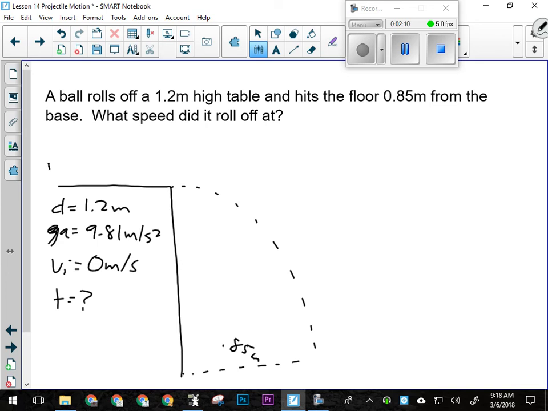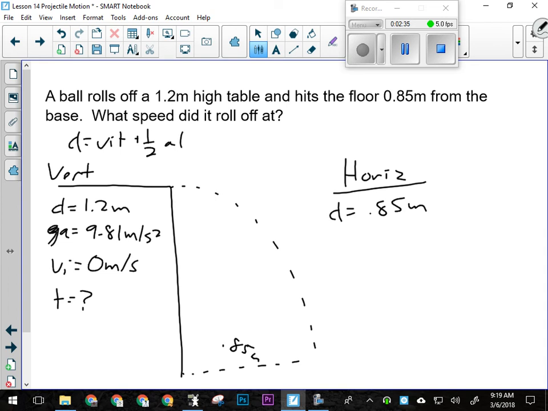Yes, I can. So this is going to be our vertical information, and over here will be our horizontal. Remember, for all projectile motion, we have to write those parts separately because all they have in common is time. All we know right now for the horizontal part is that the distance traveled is 0.85 meters. So looking for time here, I'm going to need to use d equals vi t plus 1/2 a t squared.